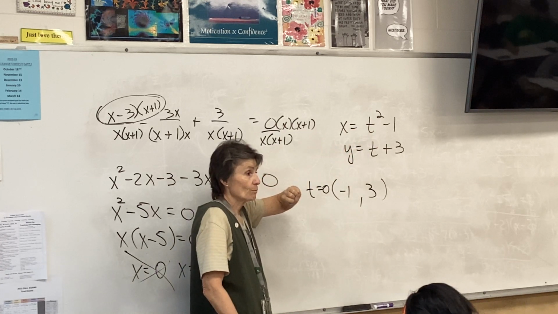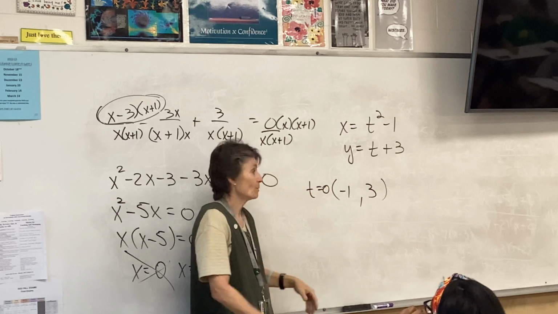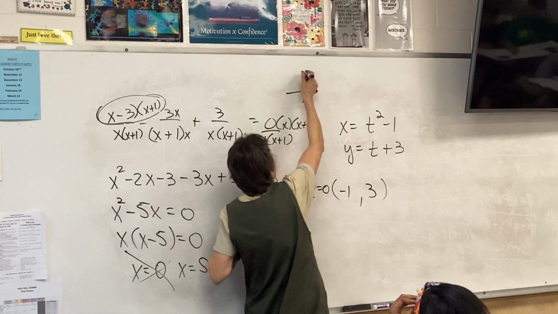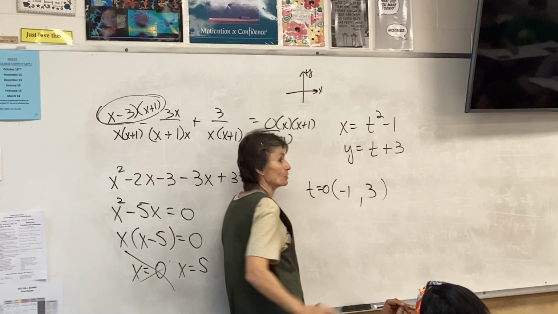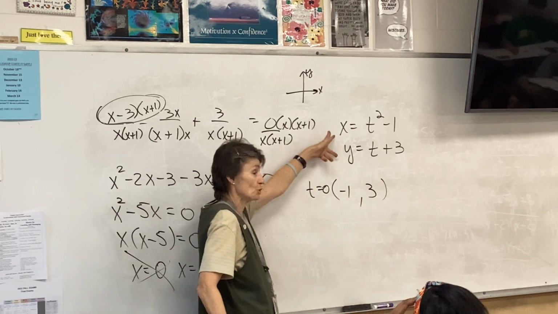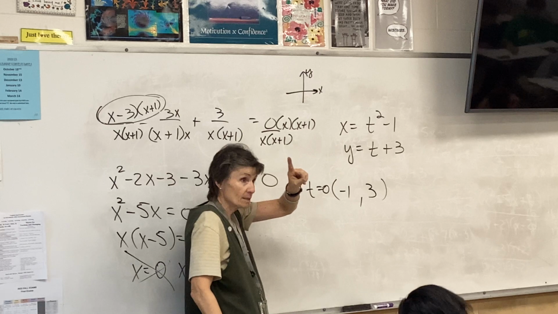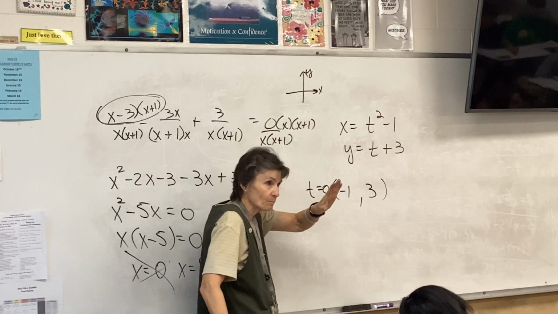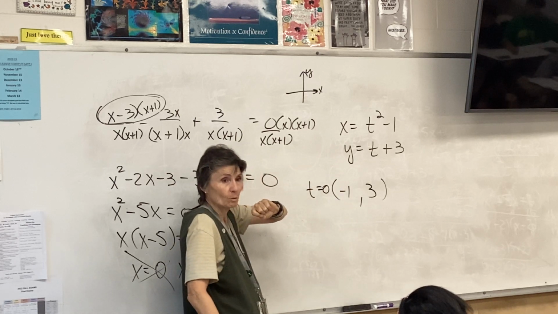Cartesian refers to x and y. Remember, the official name of this is the Cartesian coordinate plane. So we just want to write an equation. Instead of having 2, we want 1, and we don't want any more t's. We want just x's and y's.